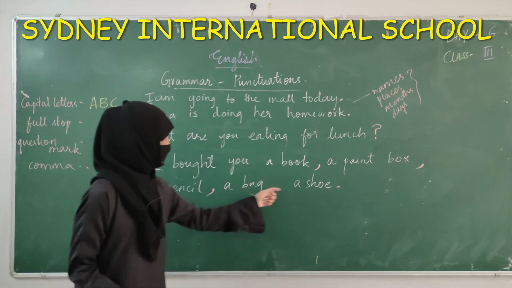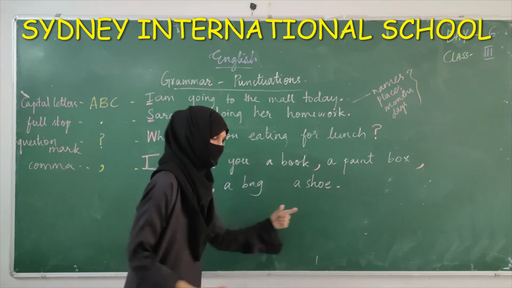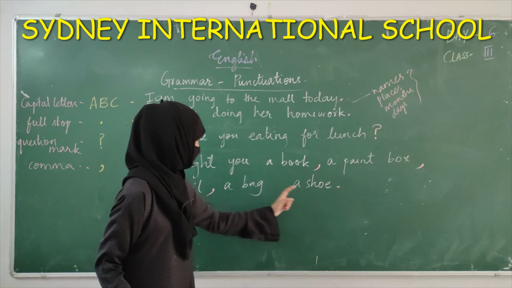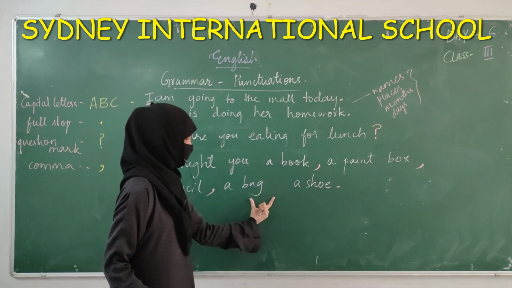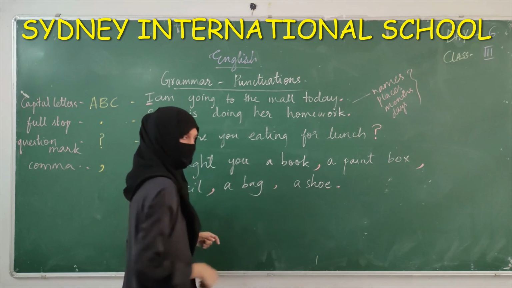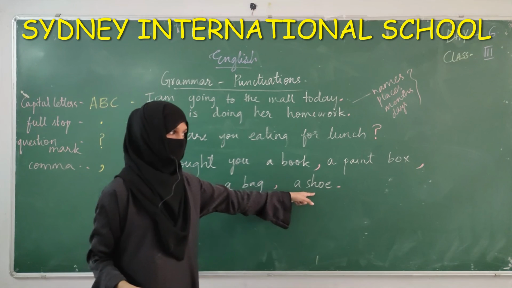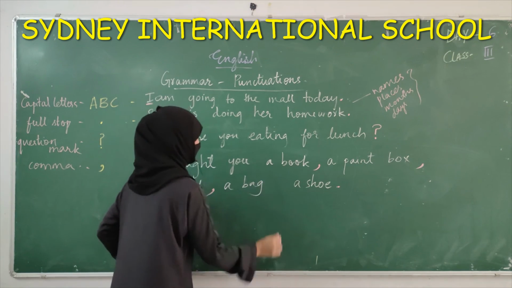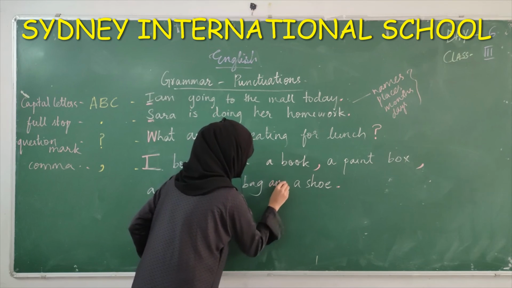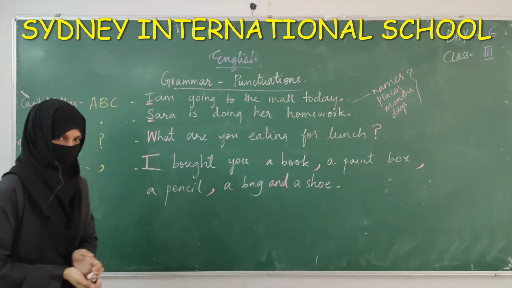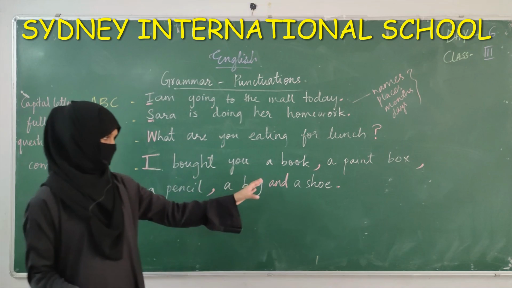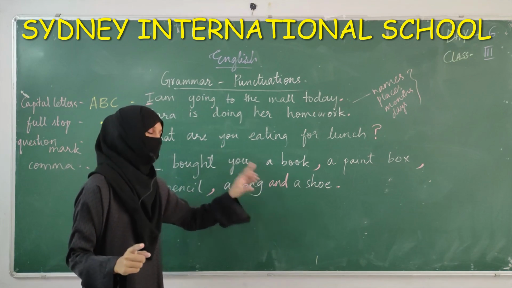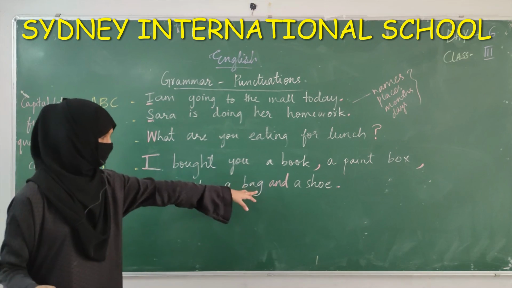Here bag is there and after that the last is shoe. After shoe there is nothing. Shoe is the last thing over here. So between the bag and the shoe we'll not put a comma. This is the last thing, so here we'll put an and. Whenever you are separating a list of things, mostly in the sentence there will be an and.